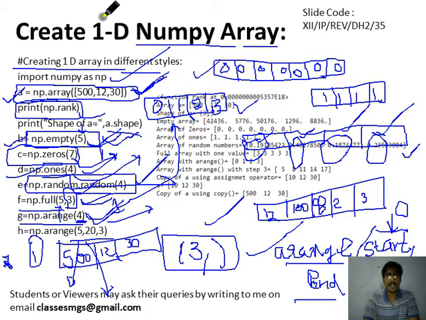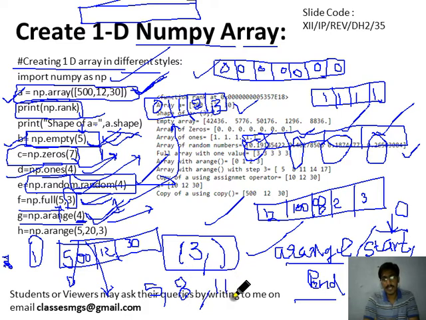Okay, so let's see how it will create the numpy array. 5, then 5 plus 3 is 8, 8 plus 3 is 11, 11 plus 3 is 14, 14 plus 3 is 17. 17 plus 3 is 20, which will not be there, because it will generate values up to 20 minus 1, that is 19.